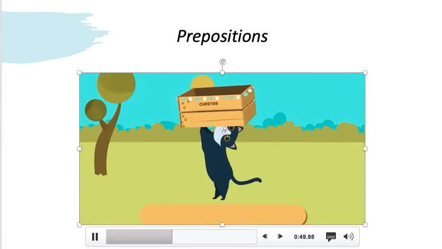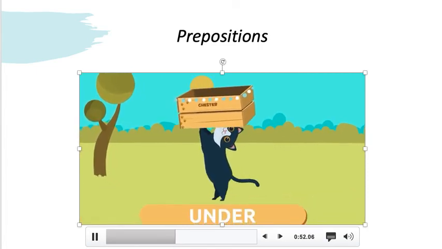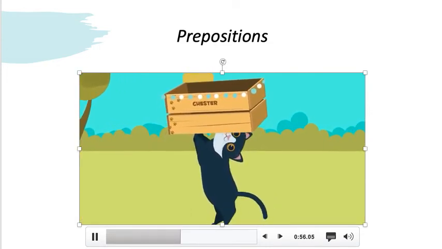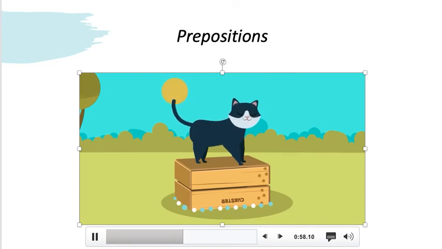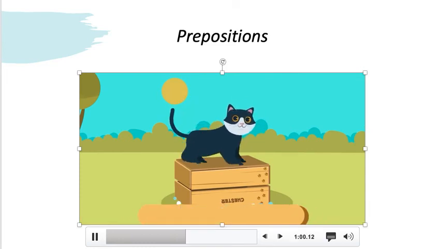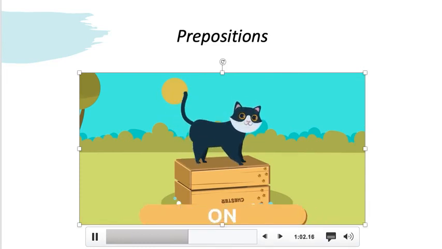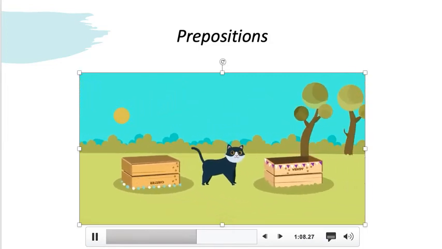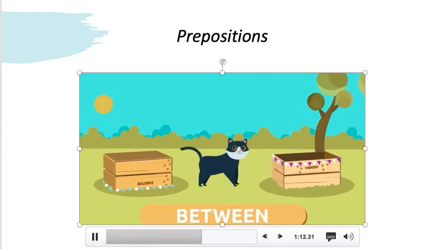Chester is under the box. Where is Chester? Chester is on top of the box. Where is Chester? Chester is between the boxes.